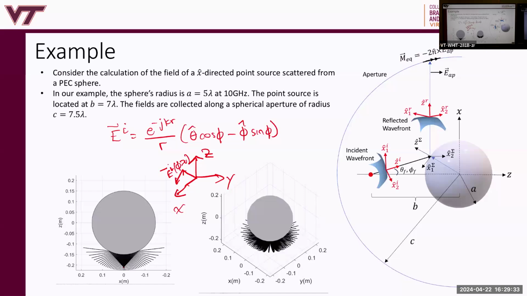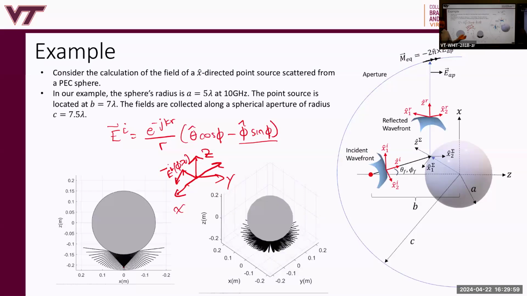Very good. Now, let's observe what happens at phi equal to 90. What plane am I in then? The yz plane. Now, what's the polarization at phi equal to 90? X. Minus phi hat, right, from this term. So that means phi hat normally points in what direction when you're in the yz plane?